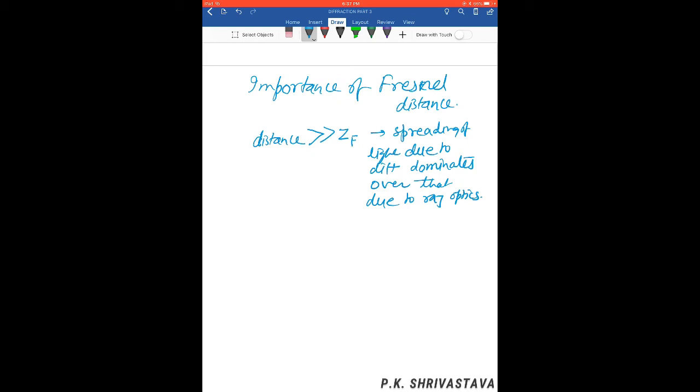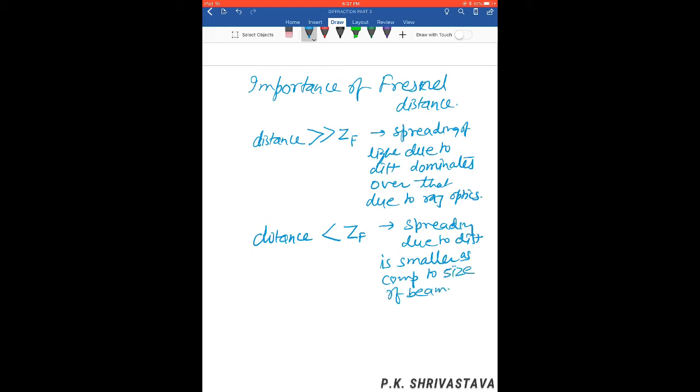But for distance less than Fresnel distance, the spreading due to diffraction is smaller as compared to the size of the beam, so diffraction effect can be ignored.